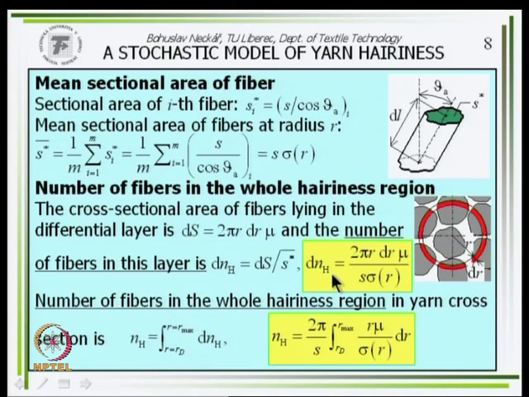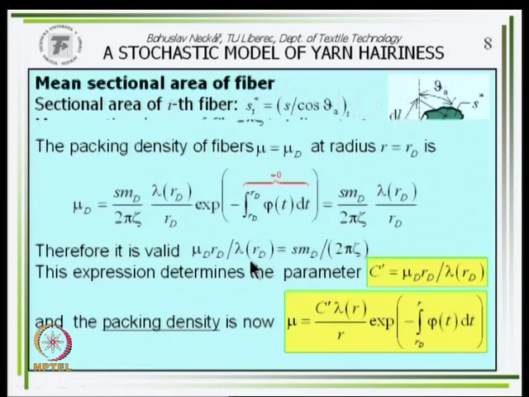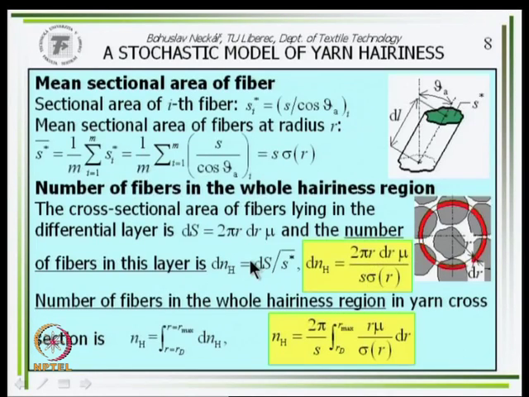So dn h, using the equation derived earlier, is given by such an expression. I use only in place of S star bar this here, and in place of ds, where is it? Oh yes, ds is here, 2 pi r dr mu.